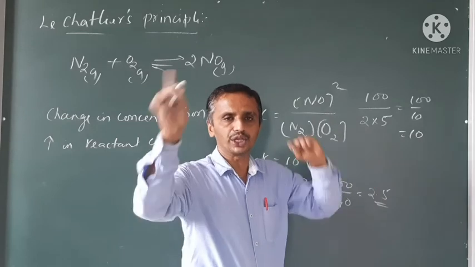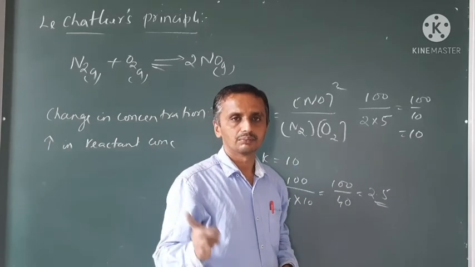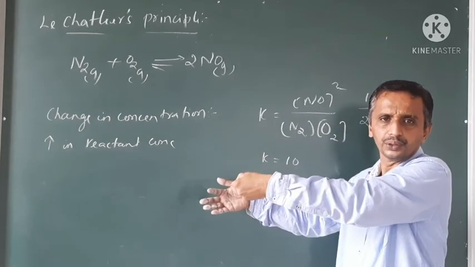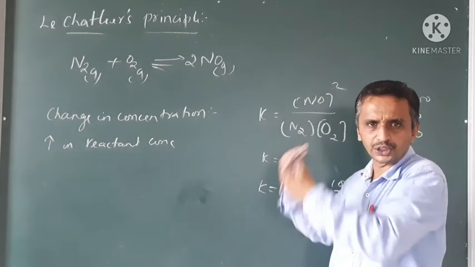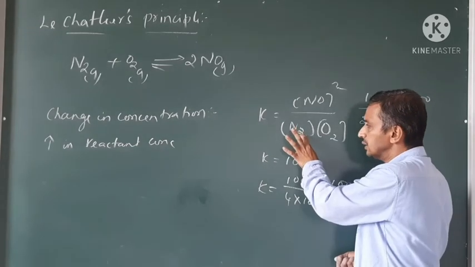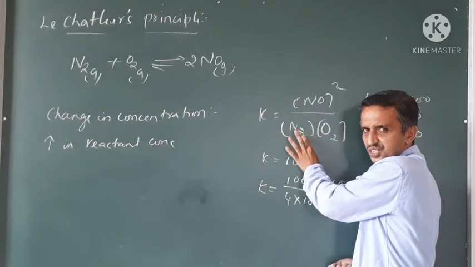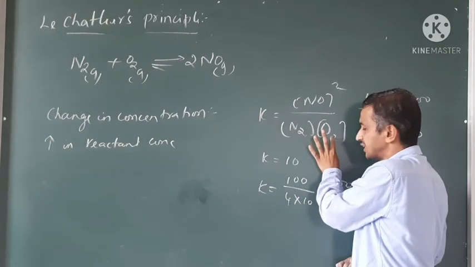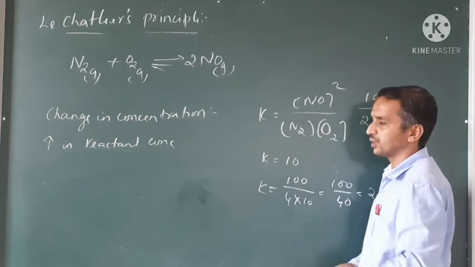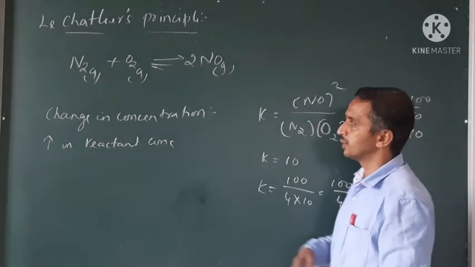The equilibrium constant got changed, but the reaction tries to keep that equilibrium constant. How? What should happen there? See, if this is increased, that should be decreased by the reaction. How can it happen?